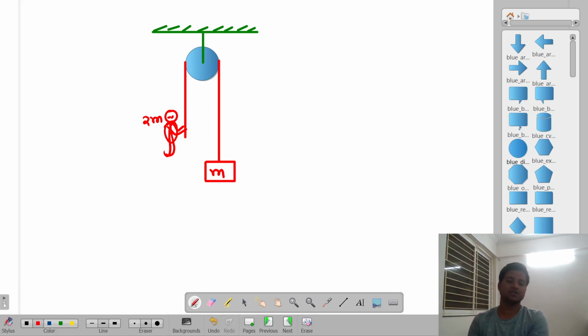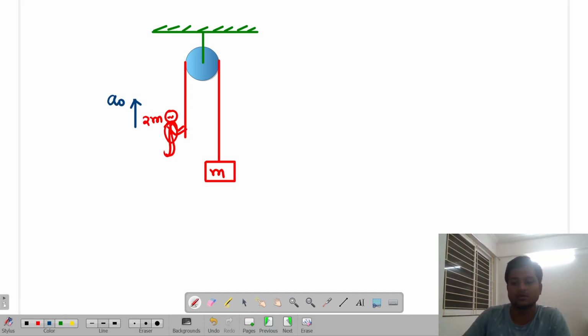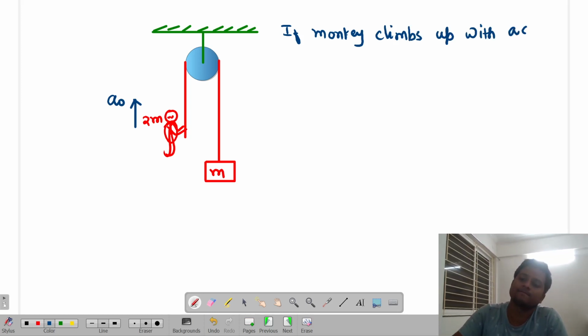Then, the question arises: if the monkey climbs up with an acceleration a naught, write it down. If the monkey climbs up with an acceleration a naught, then find the acceleration of small m.